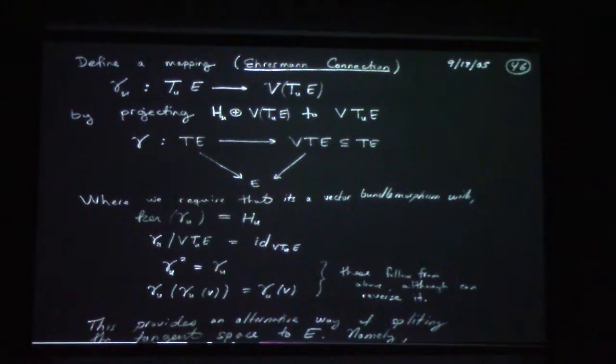Like it says here, the kernel of this is the horizontal piece, so it kills the horizontal piece, right? And it just maintains the vertical piece. Like all projections, if you do it twice, you get back where you started again.